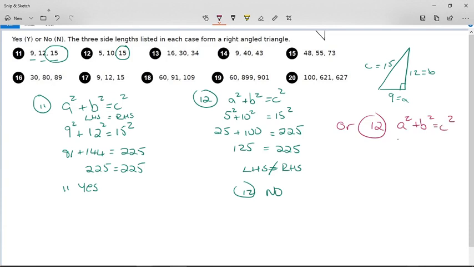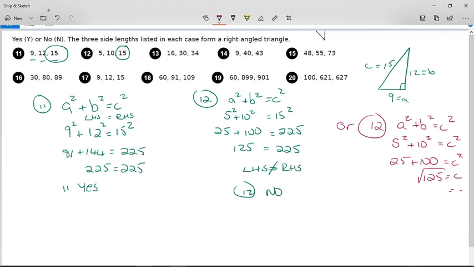So then you say 5 squared, because remember that's the shortest side, plus 10 squared, that's the next longest side, equals c squared. So 5 squared is 25, 10 squared is 100, and that's going to be equal to c squared. So c squared is equal to 125. c is equal to the square root of 125.